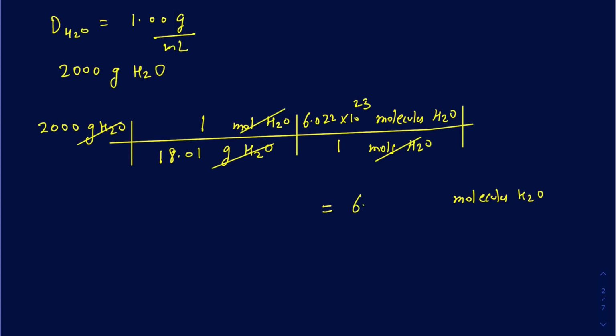So it's going to be 6.69 times 10 to the power 25 molecules of water. So think about this. When you're drinking 2 liters of water, you are actually taking in 6.69 times 10 to the 25 molecules of water. That's a lot of molecules of water to take in, but that's just what the reality is.